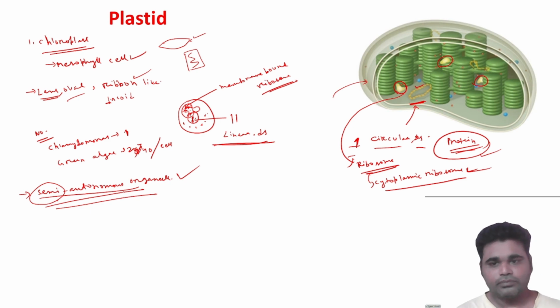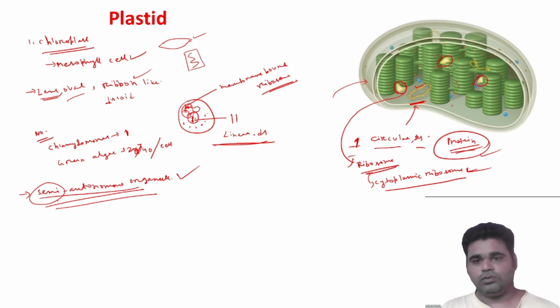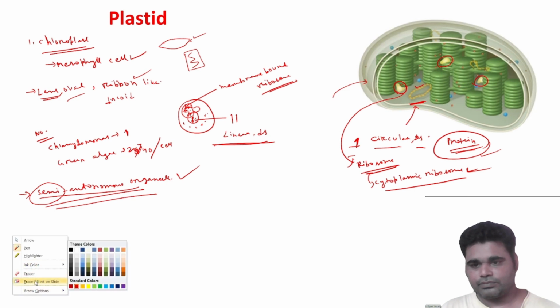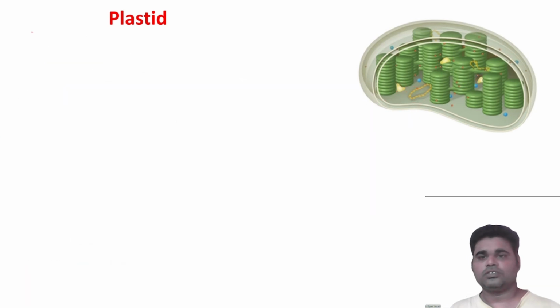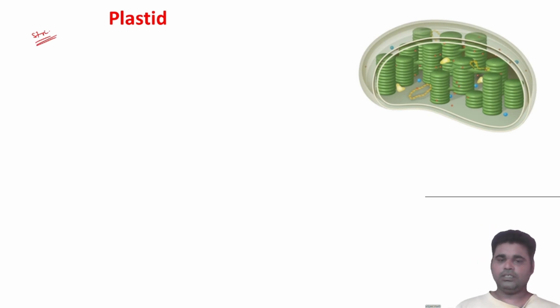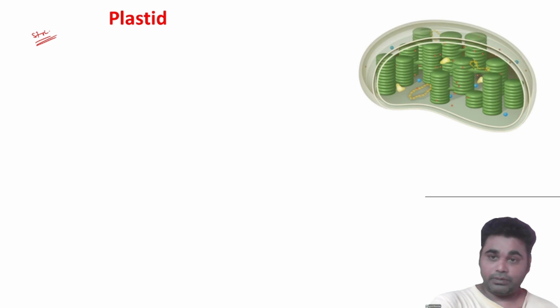Okay. So now come to the structure of the chloroplast. The chloroplast is a double membrane structure.